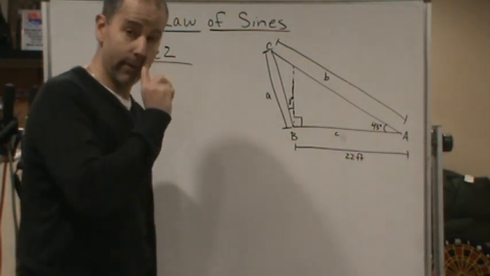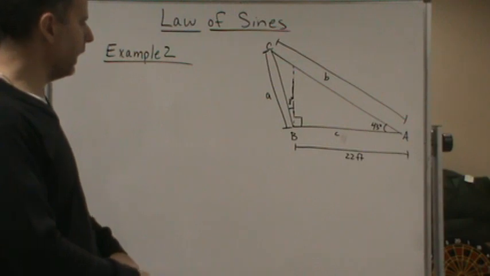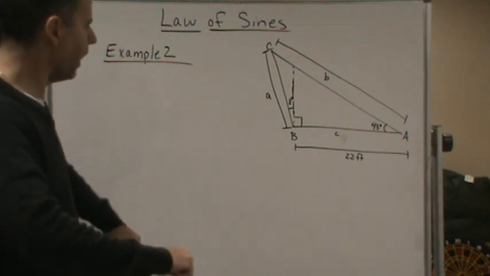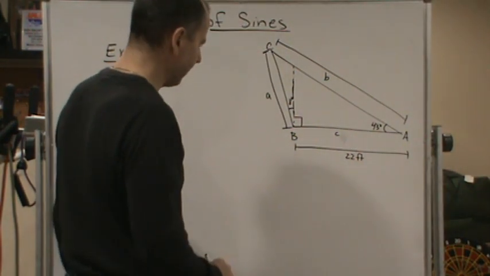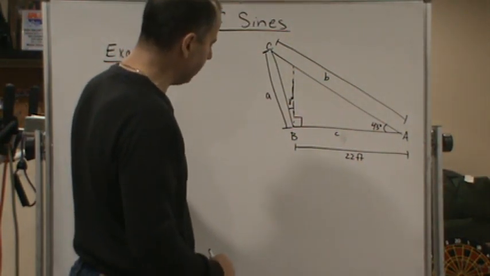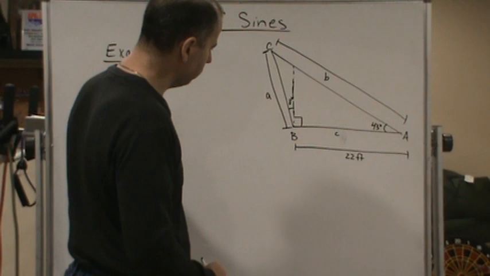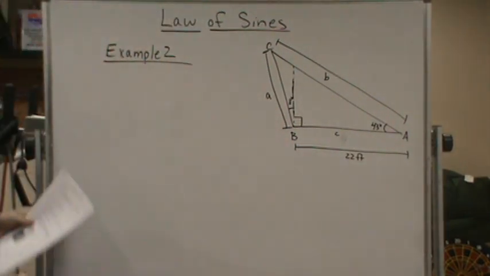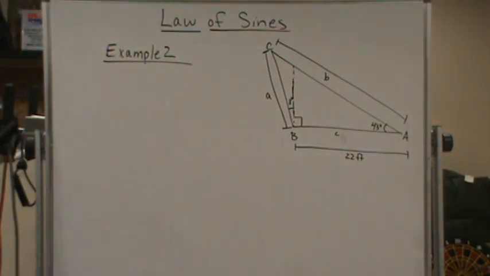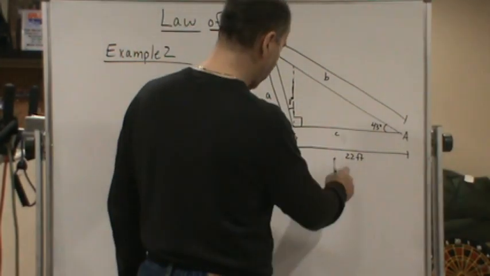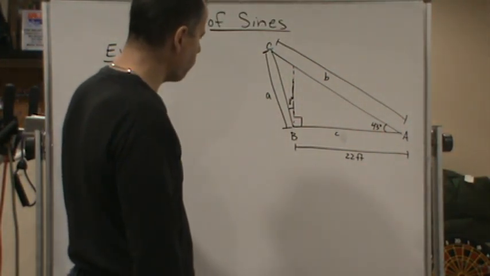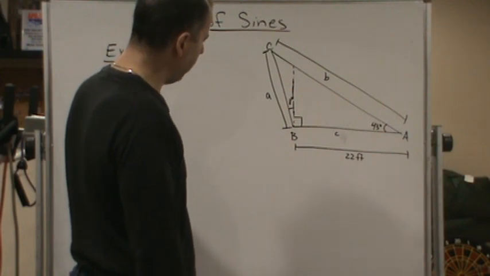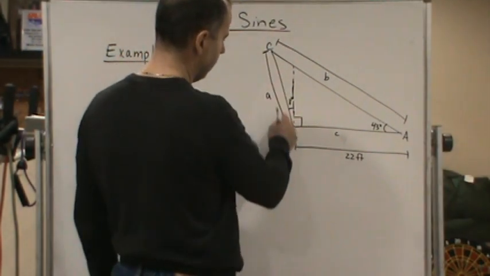Well, this is where the law of sines is going to become really handy. Because we know this angle, and we know this length, and we want to know this length.